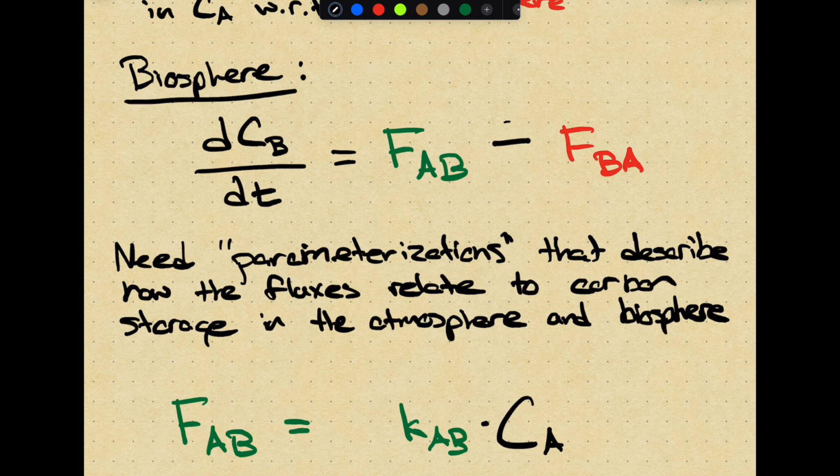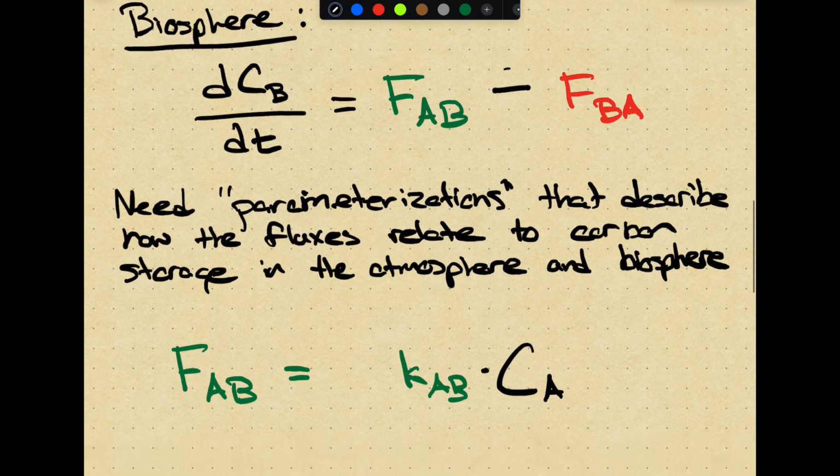But okay, so let's say the units of carbon, for convenience, are in something like gigatons. Gigatons of carbon. That's a mass of carbon in the biosphere or in the atmosphere. What are the units of this equation going to be? There's a gigaton up here on top, and on the bottom is time. So what's a reasonable unit of time we might be working with at climate timescales? Year. So gigatons per year.